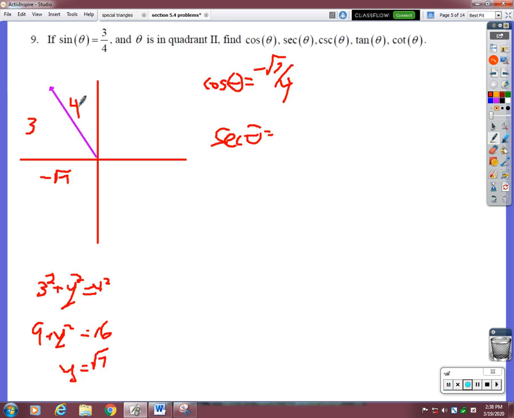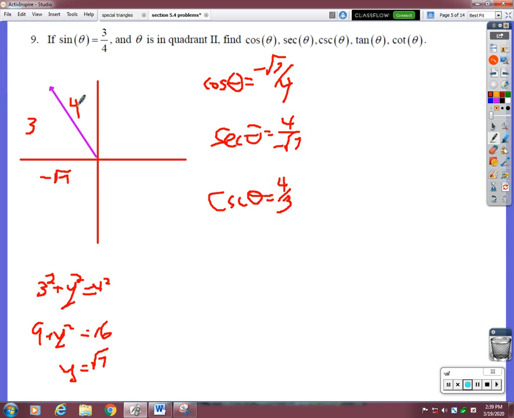R over x. So 4 over negative root 7. Oh yeah, these are inverses of each other. 4 over negative square root of 7. Cosecant is the inverse of sine. So that's going to be 4 over 3.